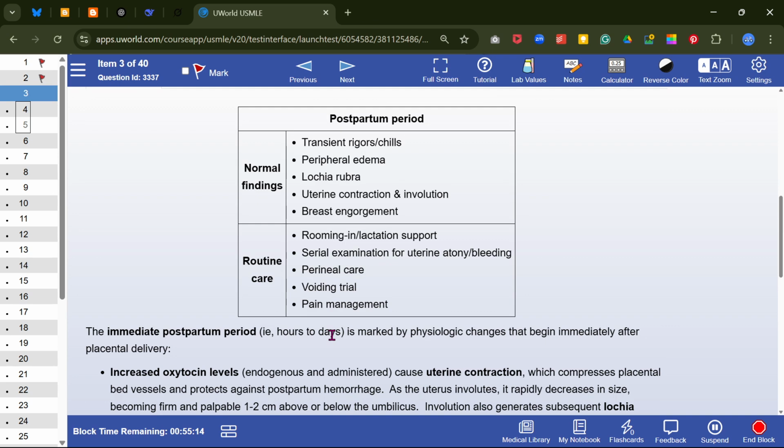The immediate postpartum period, hours to days, is marked by physiologic changes that begin immediately after placental delivery.